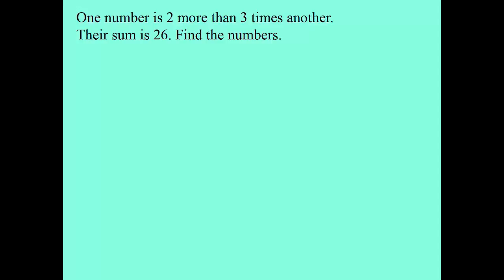Here's a problem that we did back in chapter 2. So we want to begin by identifying the variables. That's step 1. Well, it says find the 2 numbers. So here's our 2 numbers. And we need to call these 2 things something. Now, the thing that we're learning about in chapter 7 is the fact that we can now use 2 different variables.